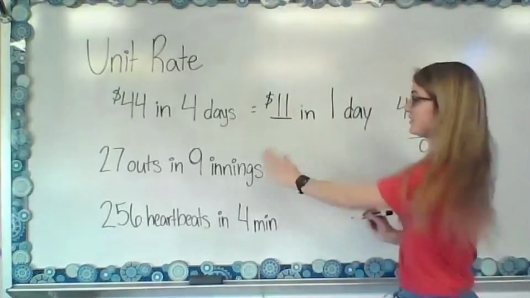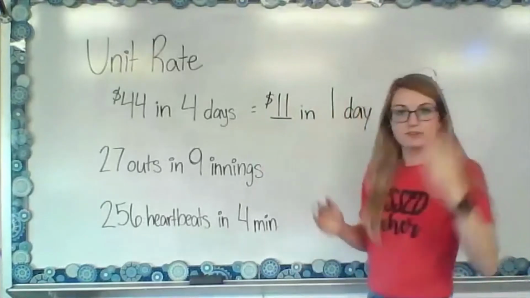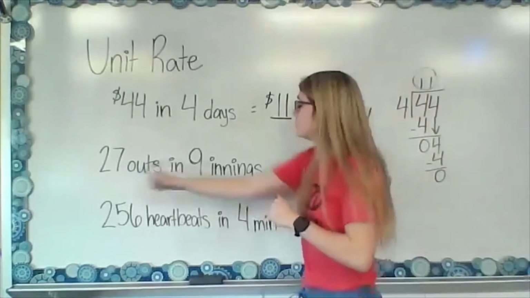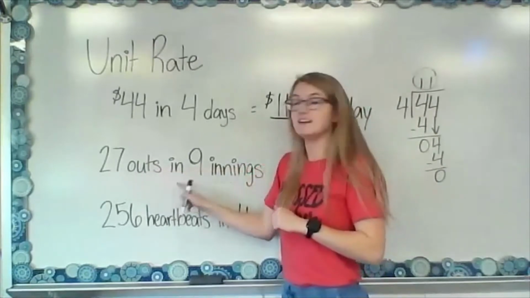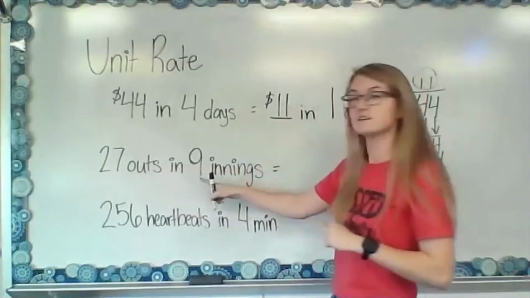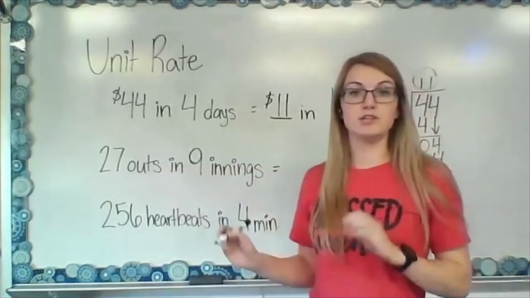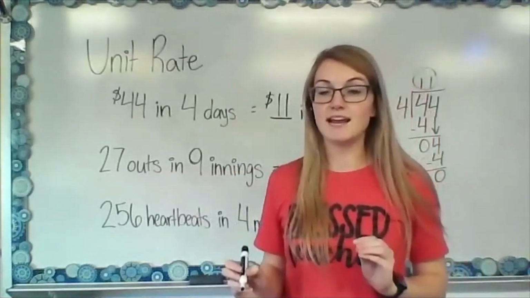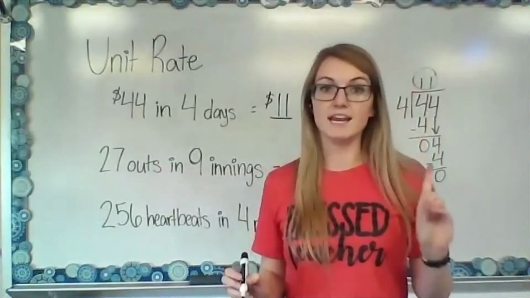Okay, I've got 2 more examples here, so hopefully you'll get the hang of it. We've got 27 outs in 9 innings. We need to figure out the unit rate, which would be how many outs are in 1 inning.